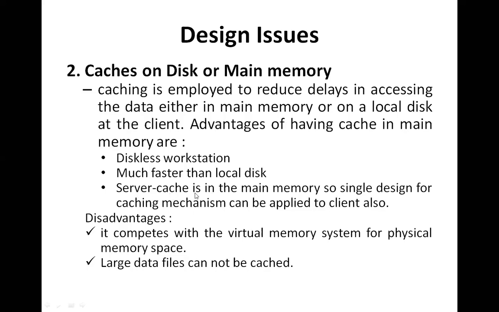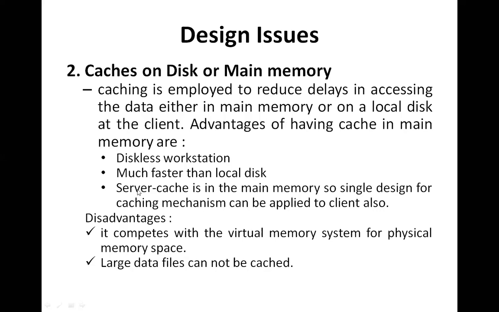The server also has a cache, which is stored in main memory. If the server cache is in the main memory, we have to use only a single design if we want to implement the client cache in the main memory. So the same single design can be applied for the client side also.